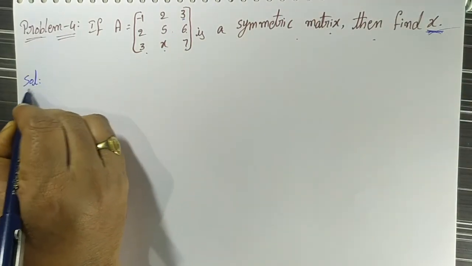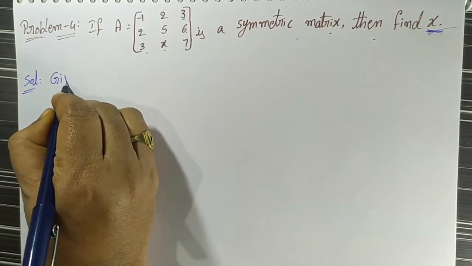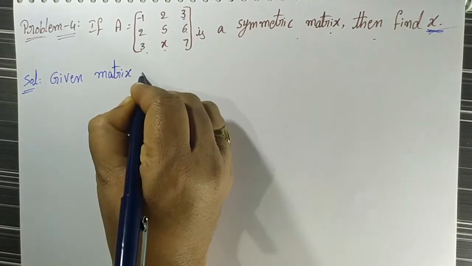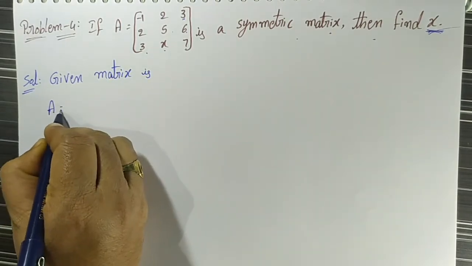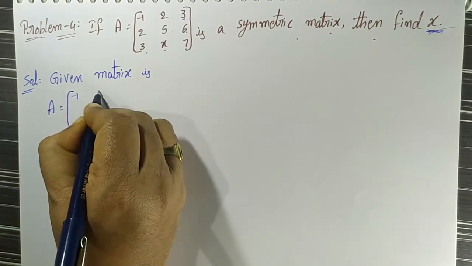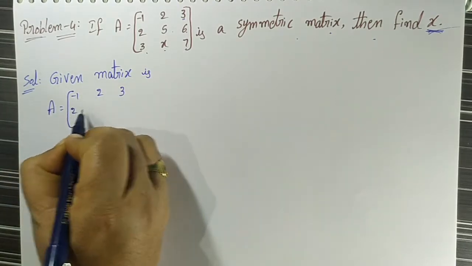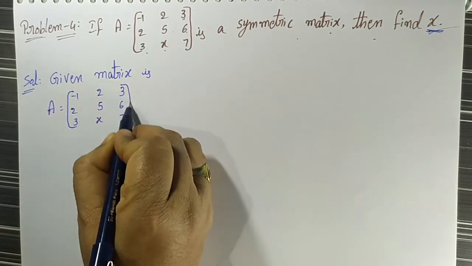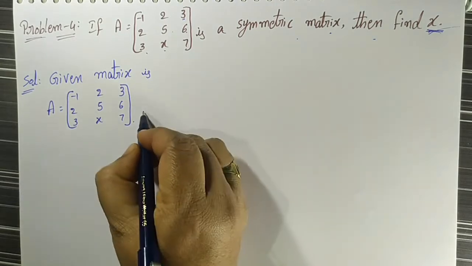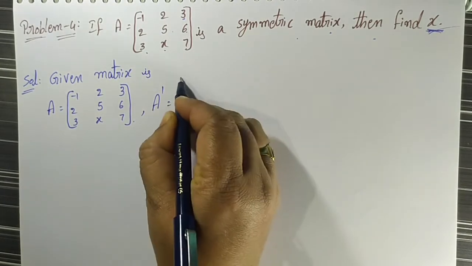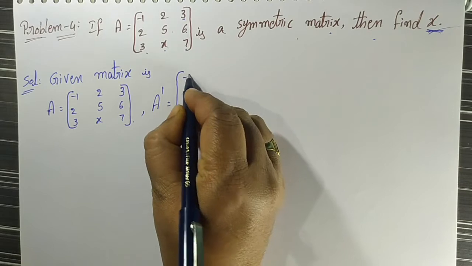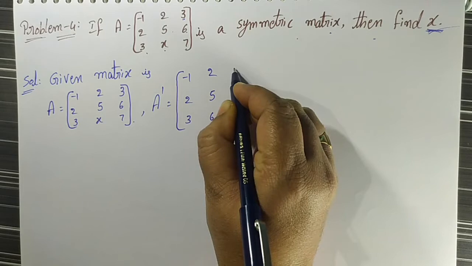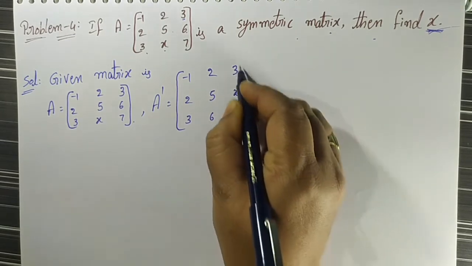Then for that solution, the given matrix is A equals [-1, 2, 3; 2, 5, 6; 3, x, 7]. This is matrix A. From this, A transpose equals [-1, 2, 3; 2, 5, x; 3, 6, 7].